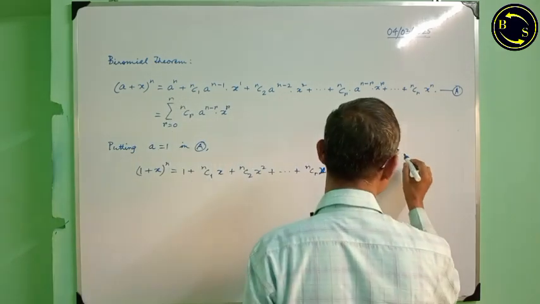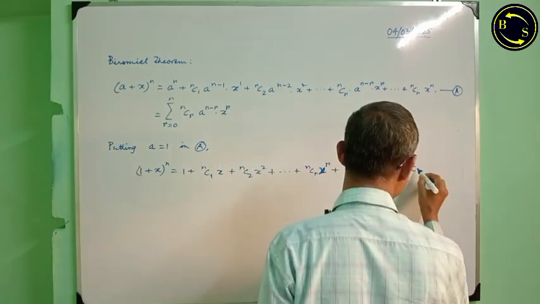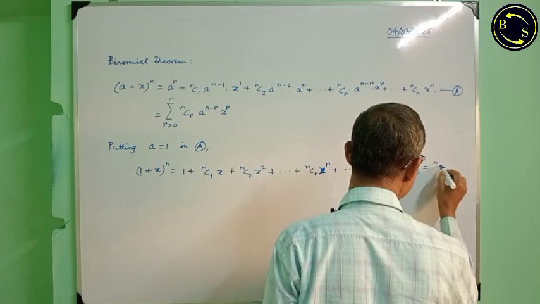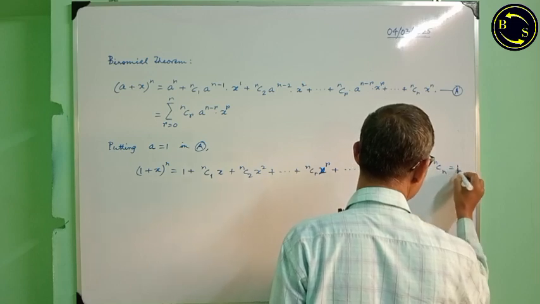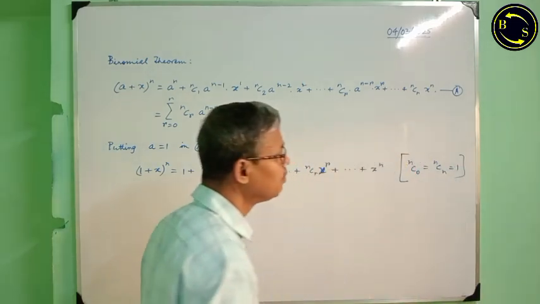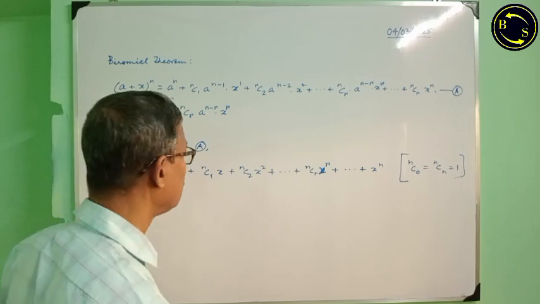Actually nC0 and nCn will have values 1 each.